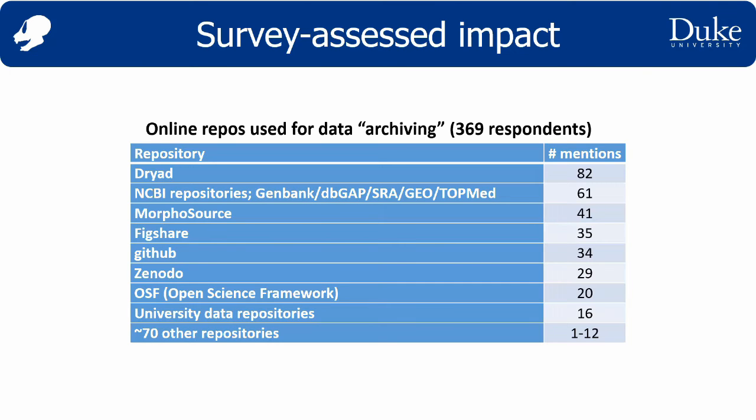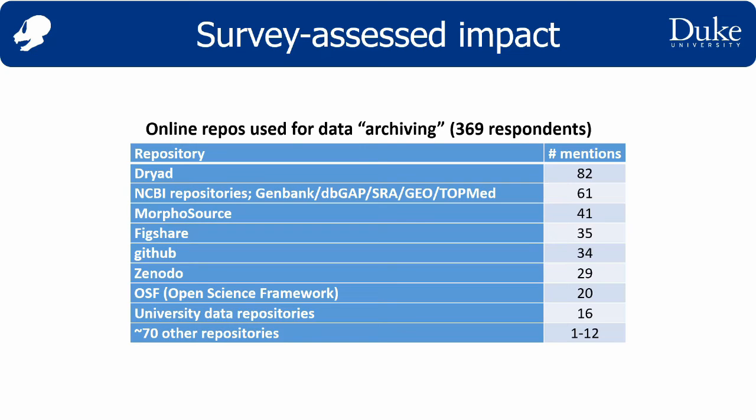One of the questions we asked is whether people had used data from an online repository in their research. And if they answered yes, we asked them to name as free text the repositories that they had used. And so we got 369 separate responses to this question.